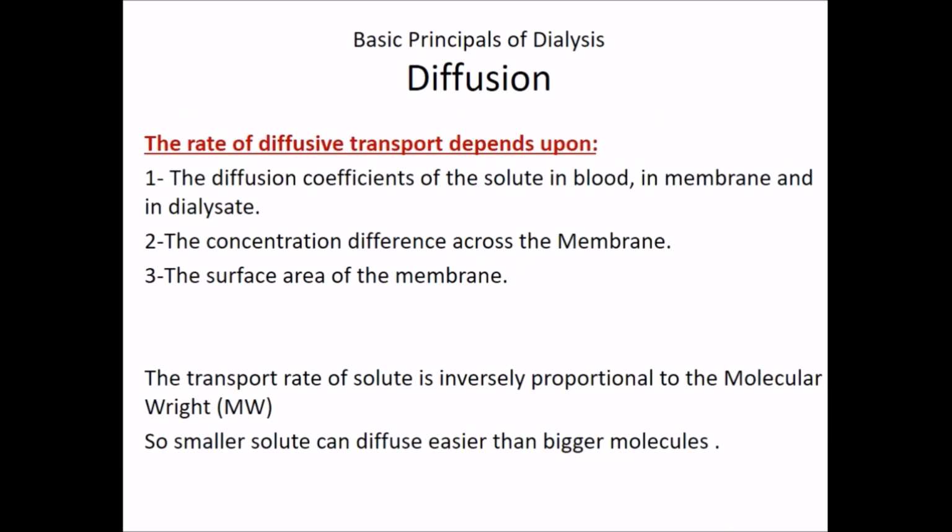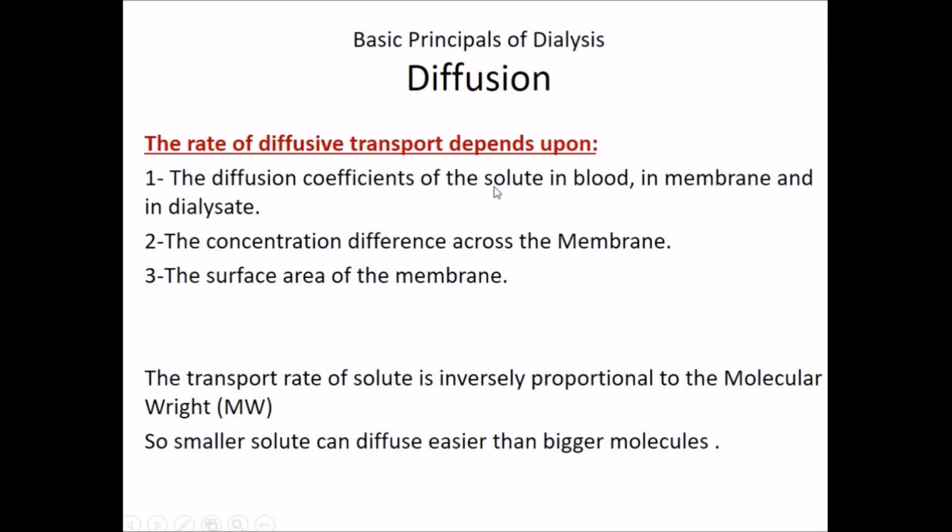The rate of diffusive transport depends upon the diffusion coefficient of the solute, how fast the solute is able to move from the blood through the dialysis membrane into the dialysate, the concentration difference across the membrane, and the surface area of the membrane.